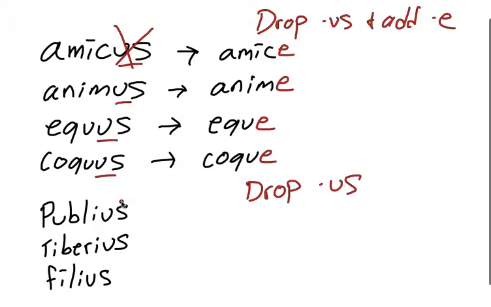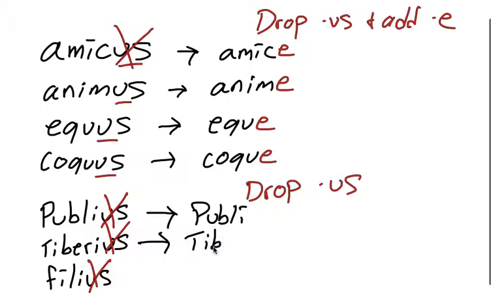So Publius becomes Publi, Tiberius becomes Tiberi, Filius becomes Fili. Okay, so Publius becomes Publi, Tiberius becomes Tiberi, and Filius becomes Fili. Okay, and so that's how you form the vocative.